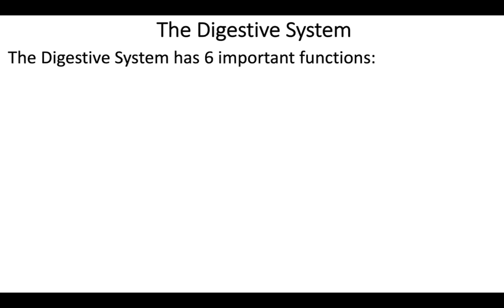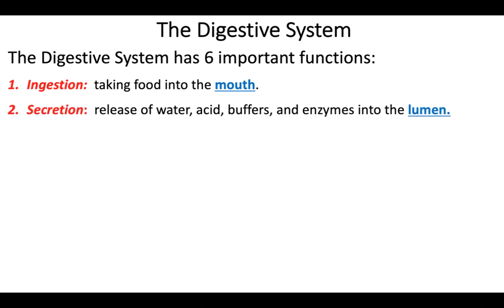So we're going to begin by just going through some of the basic functions of your digestive system. First thing we have to do is ingest, so that's taking food into the mouth. There's many places along the GI tract where we secrete other things into the tract.